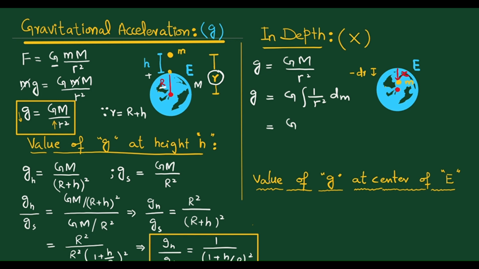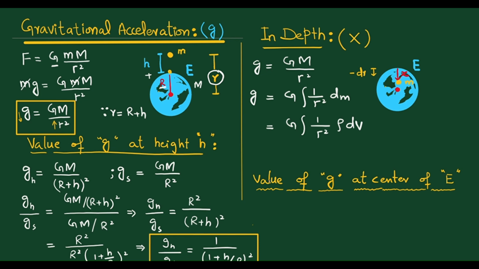The value of g is equal to capital G, integration of 1 by r square into dm, and dm is the mass of a small object, which is equal to density multiplied by volume, which is dV.